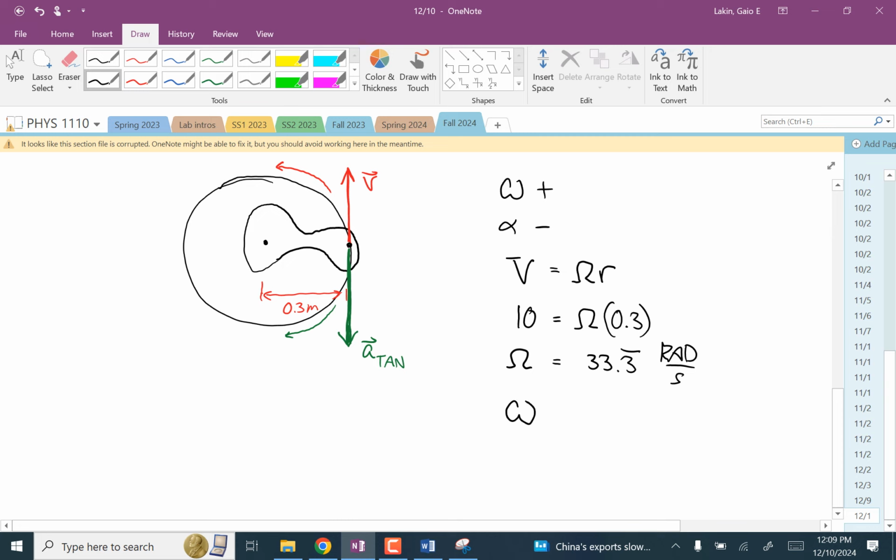So the angular velocity is plus or minus this. We already figured out that it's positive, so this is 33.3 repeating. This is not a vector? Right, these are not vectors. They do have directions, but it's just a plus minus direction.